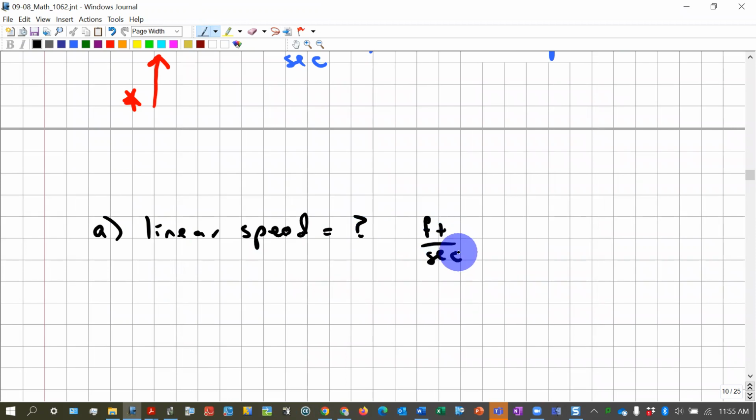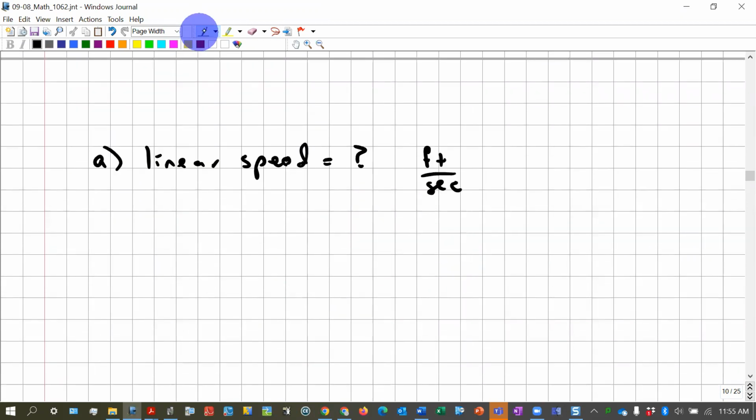And it wants the answer in feet per second. And what we know is the radius was 30 feet. And we knew that 1 revolution took 70 seconds.